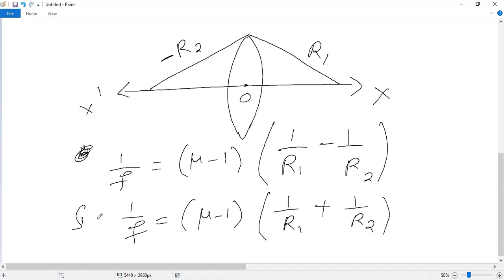After applying the values using this formula, you will get a positive value. Relevant problems we will discuss in the upcoming class. The lens maker formula, maximum questions they are asking. Please note it.